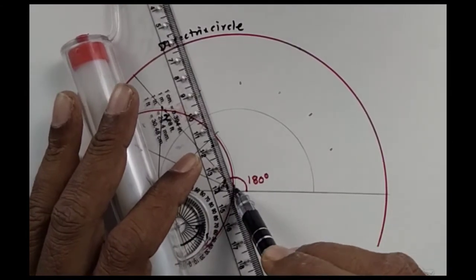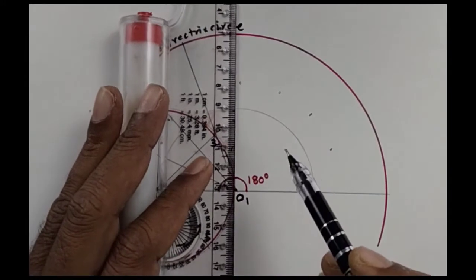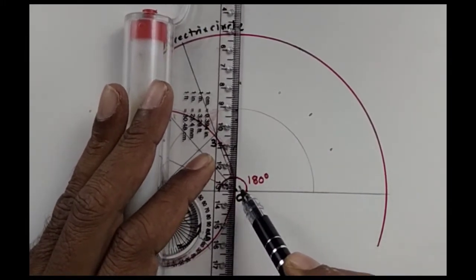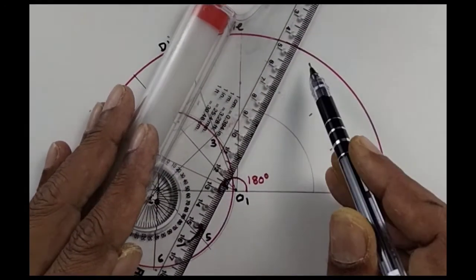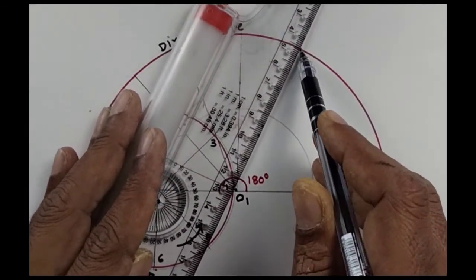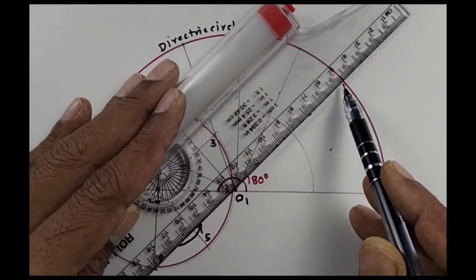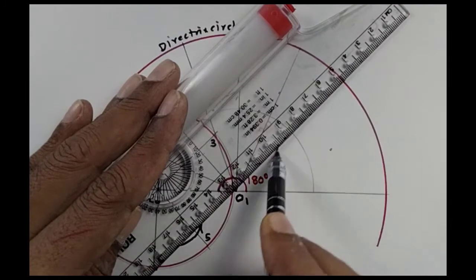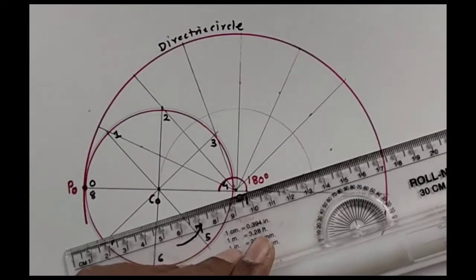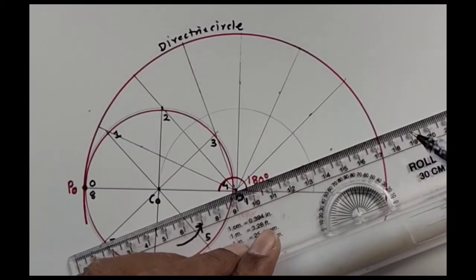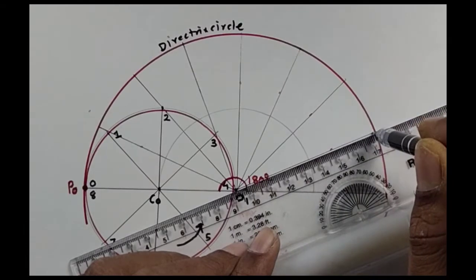On the directing circle, you have the 8 different points for the different circle positions, at each 1/8 revolution. So here you have to take care: you have to divide your rolling circle into 8 parts, as well as your directing circle.